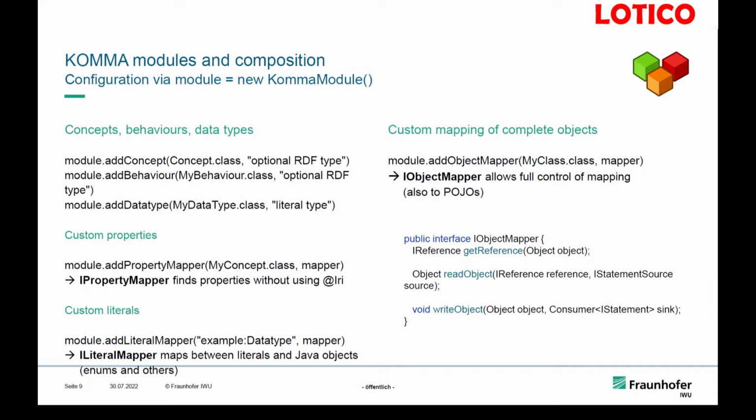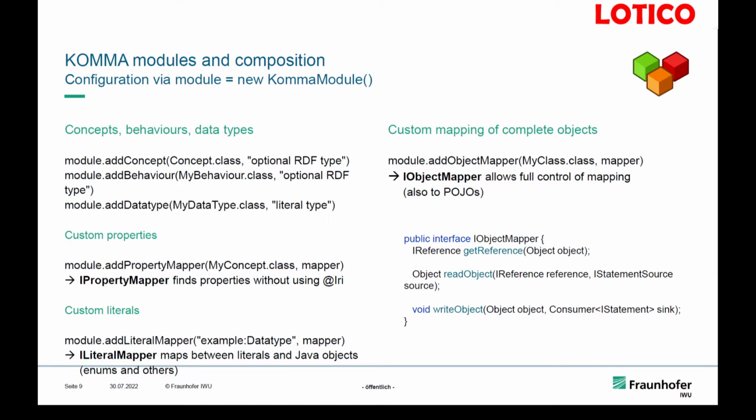You can also register custom literal mappers. For example, if you have a specific data type that should be mapped to a Java object, like an enumeration or another data object, you can just register a literal mapper for this data type, and you have to implement two methods to map to RDF and vice versa.